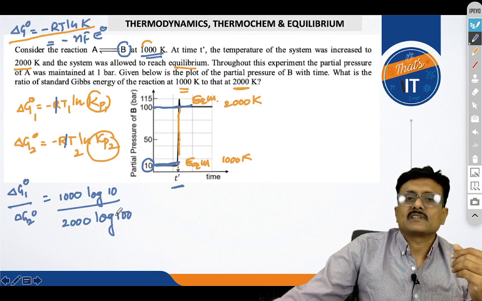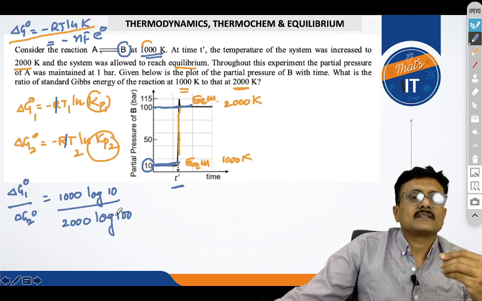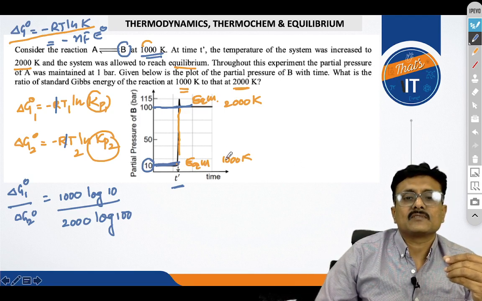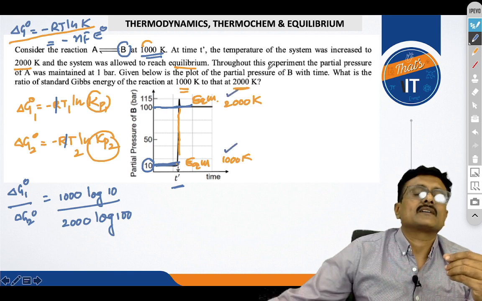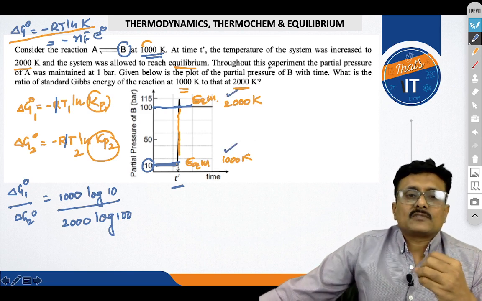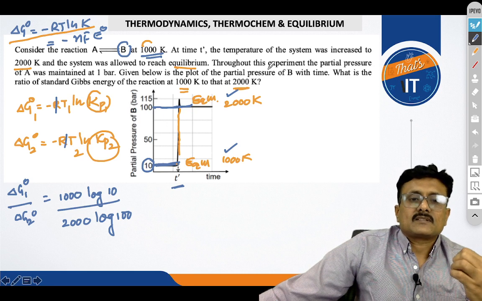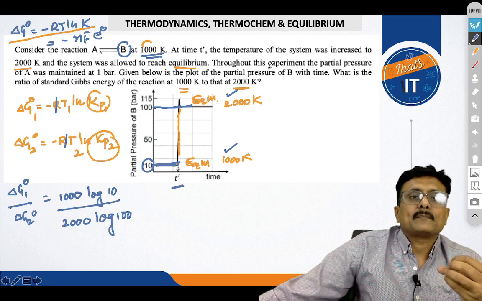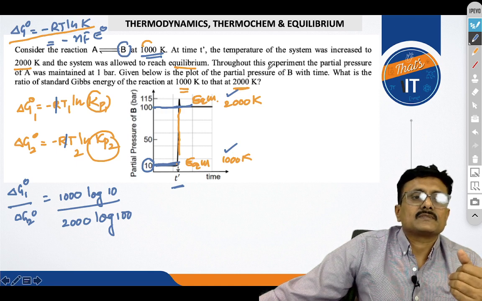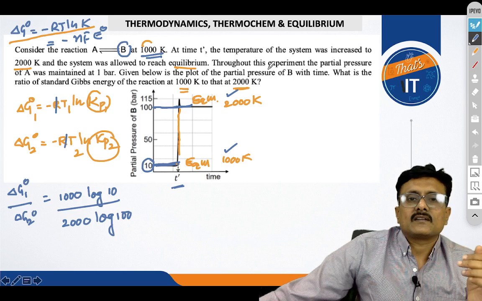So you can find out the ratio directly. Initially the equilibrium was at 1000 Kelvin and later on increased to 2000 Kelvin, and two equilibrium constants, that means two partial pressures of B, can be obtained. You have been given the partial pressure of B only. I think this way you can get the answer to the question.